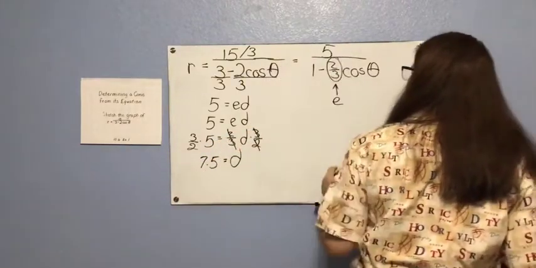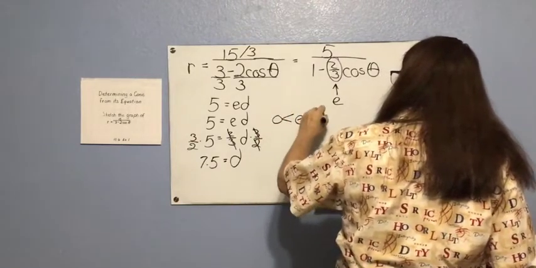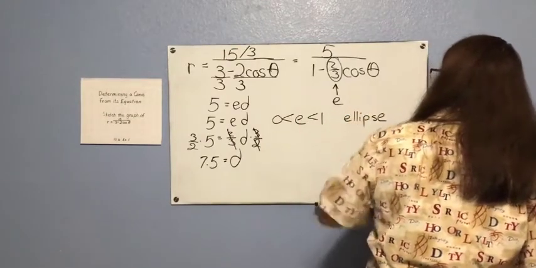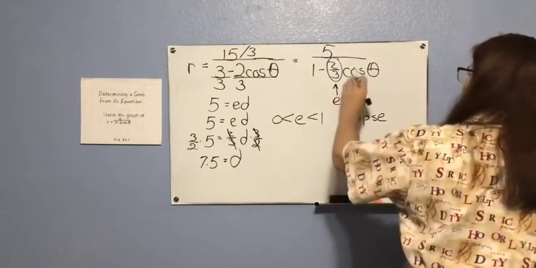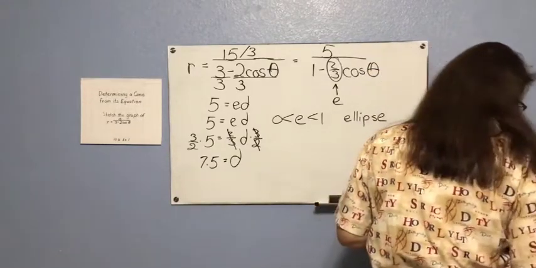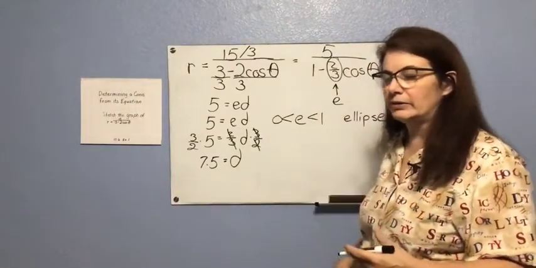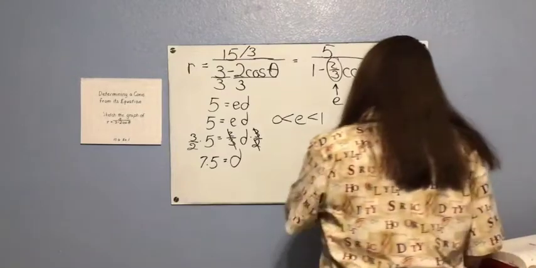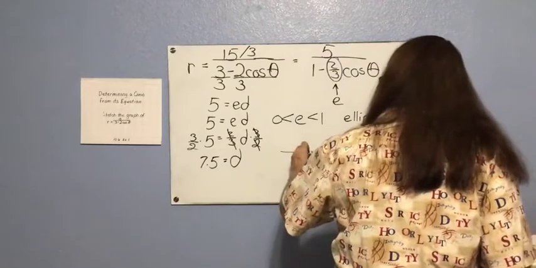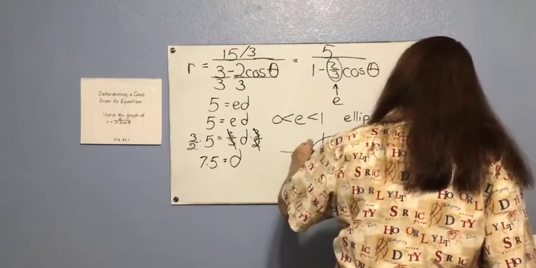The e equals 2/3 tells me when e is in between 0 and 1, I have an ellipse. So I know this is an ellipse, and I could plot some points to find the upper half and know that the lower half is going to be symmetrical to it. So in this case, my ellipse is going to look something like this.